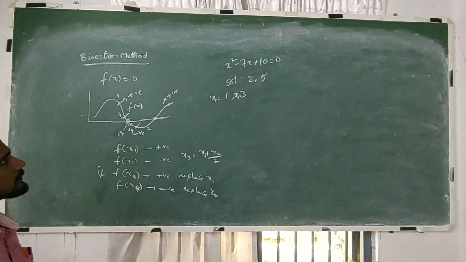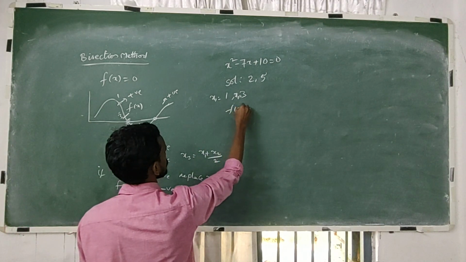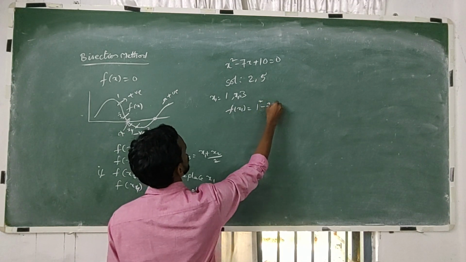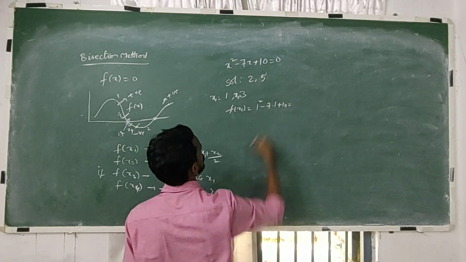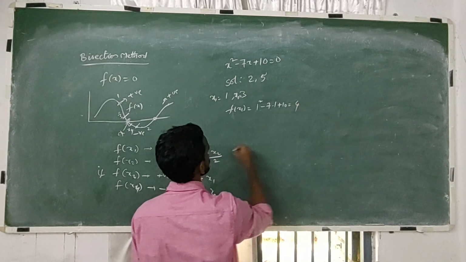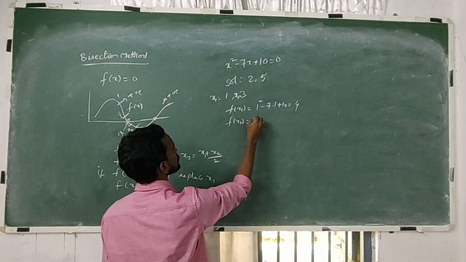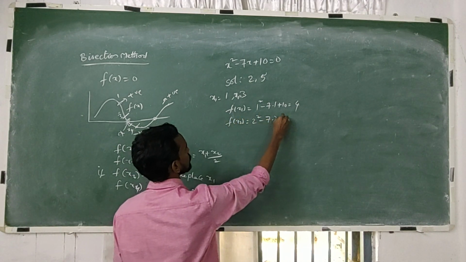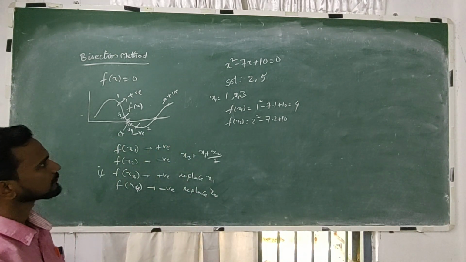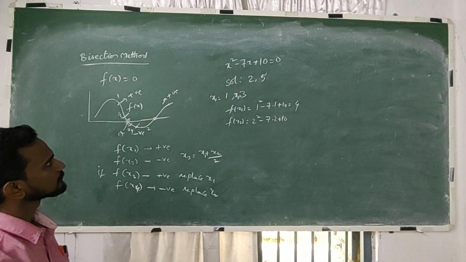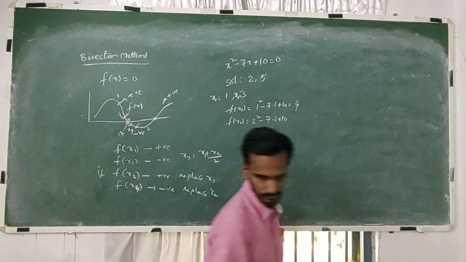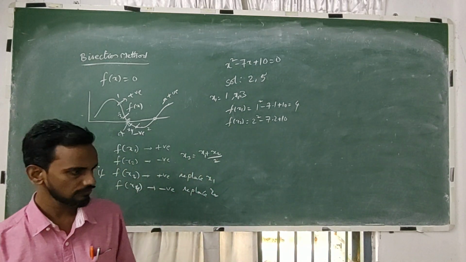Now, what is f of x1? 1 square minus 7 into 1 plus 10. 1 minus 7 plus 10, 11 minus 7, 4. f of x2, 2 square minus 7 into 2 plus 10. Oh, in this case it is 0. You substitute, it is 0.